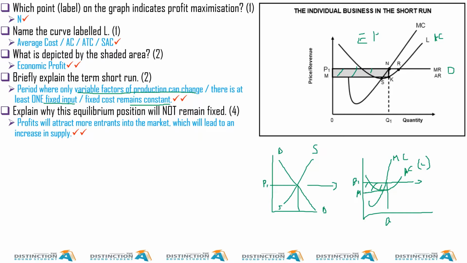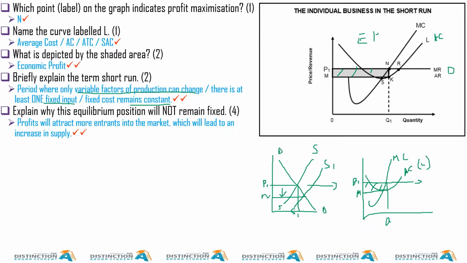Because in this market structure entry is free, firms will enter, and when they enter, supply is going to shift to the right. You see, it's the opposite of what happened in the previous one. In the previous one, supply shifted to the left because firms were exiting. So the economic loss in the previous question made firms exit the industry.